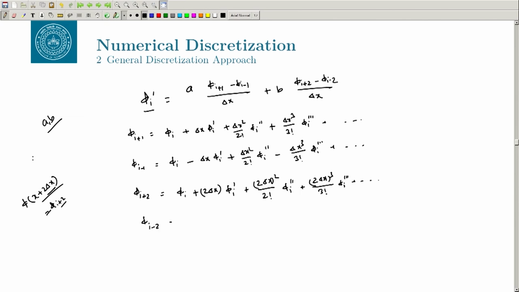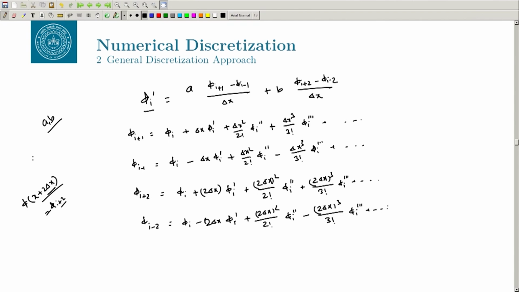And similarly, phi I minus 2 will be phi I minus 2 delta x phi I prime plus 2 delta x square by factorial 2 phi I double prime minus 2 delta x cube by factorial 3 phi I triple prime, right.